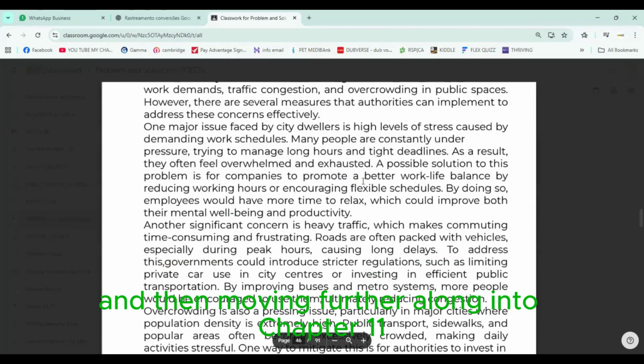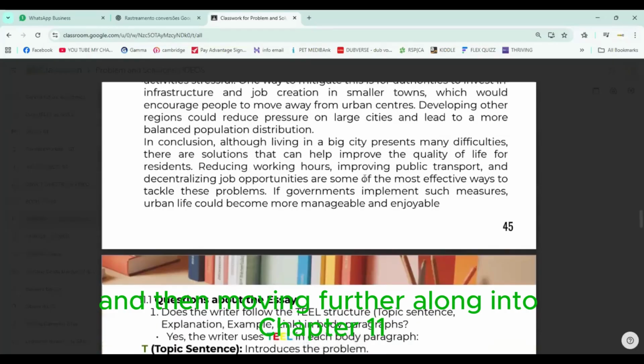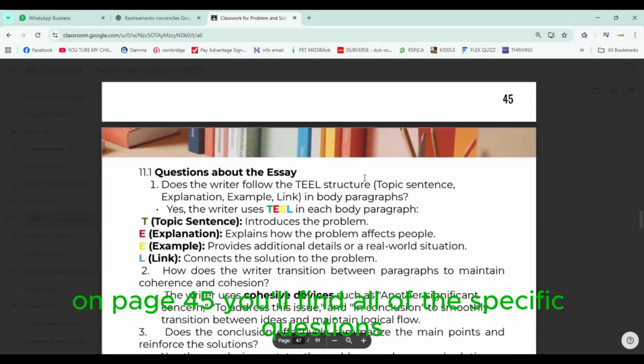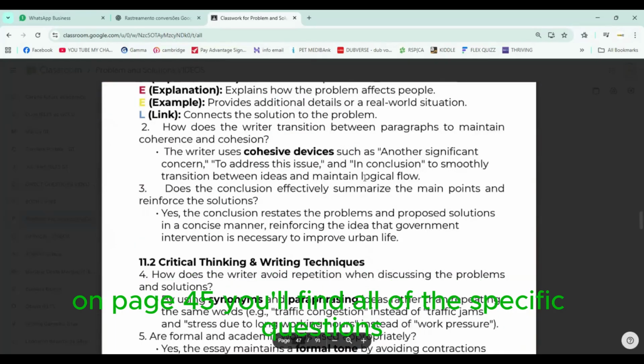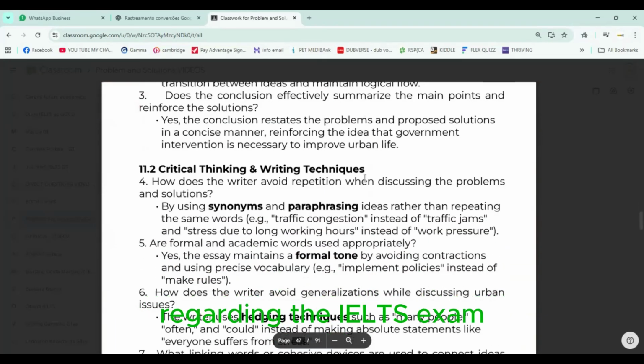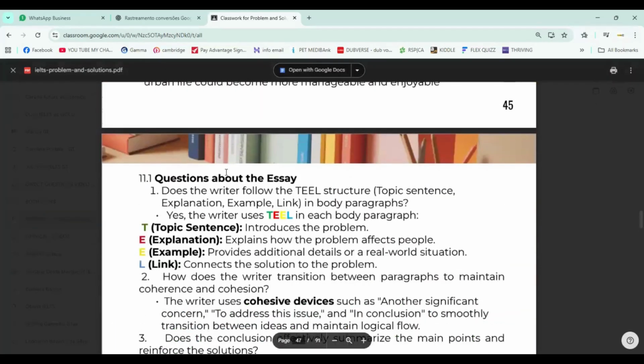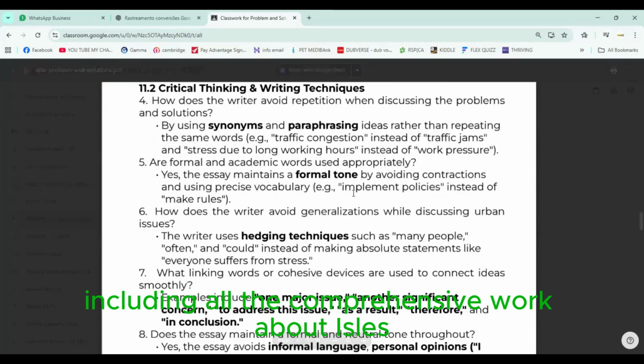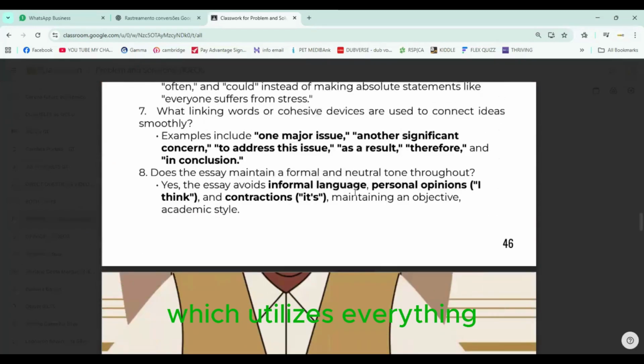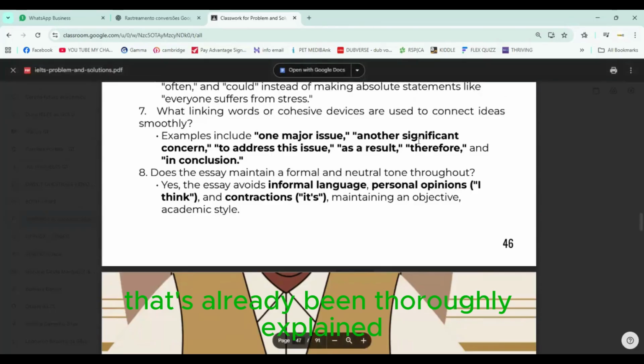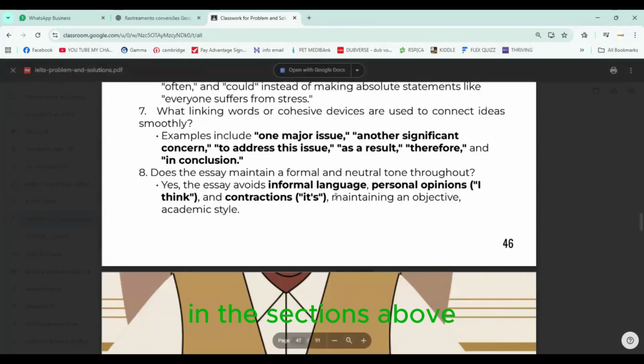And then moving further along into chapter 11 on page 45, you'll find all of the specific questions regarding the IELTS exam, including all the comprehensive work about IELTS, which utilizes everything that's already been thoroughly explained in the sections above.